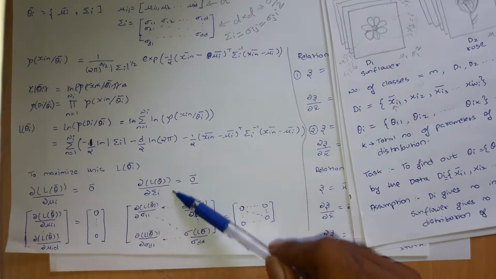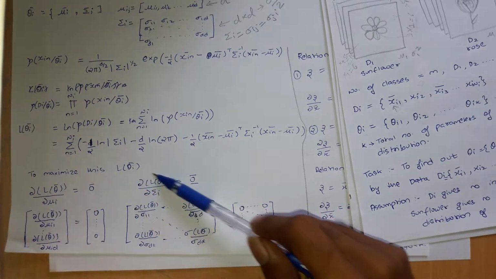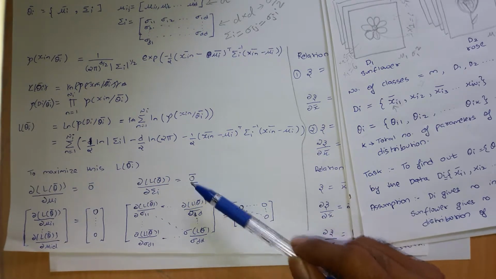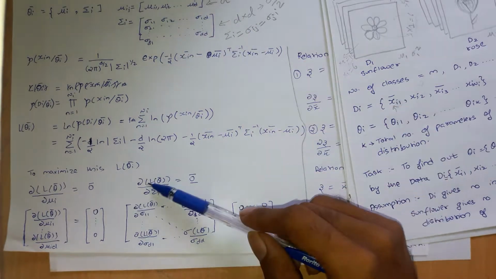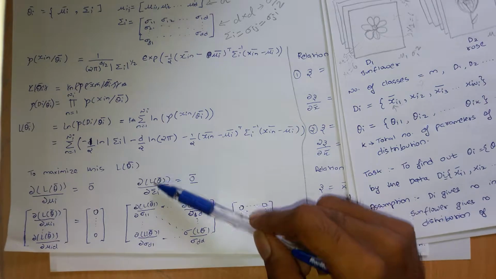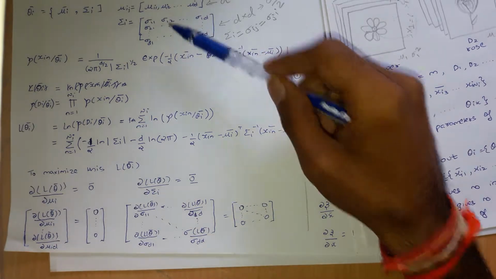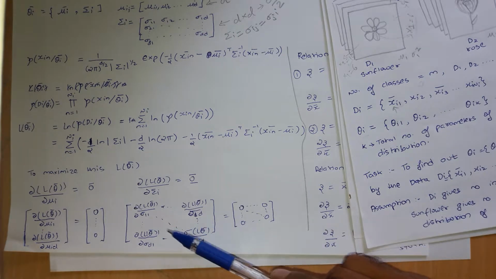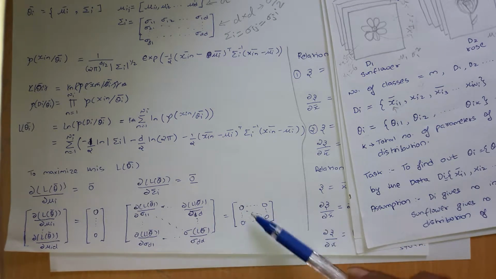Similarly, differentiating with the covariance matrix is going to turn into a 0 matrix. Because we have so many terms, we differentiate this function with respect to this, and that will come over here. We differentiate with respect to this, and that will come over here. So we will have a D cross D matrix, which should be equated to a 0 matrix.